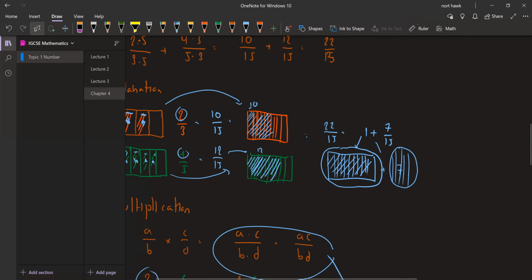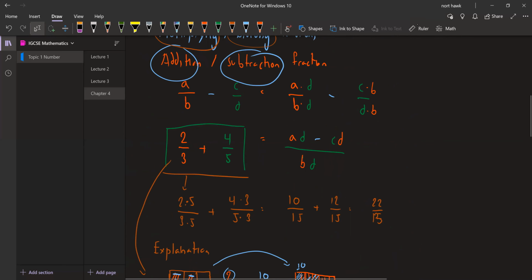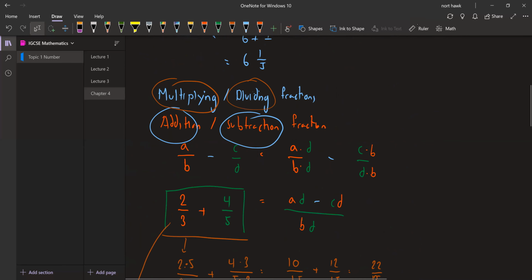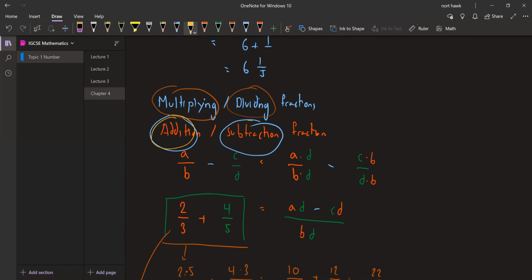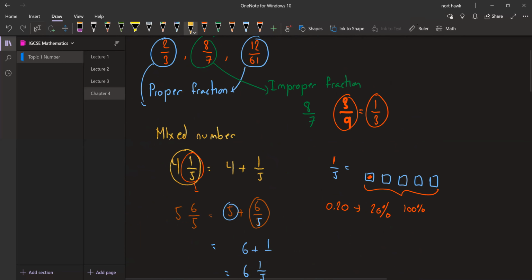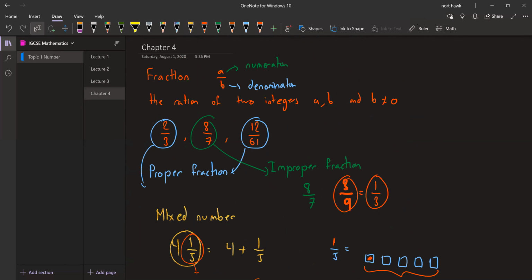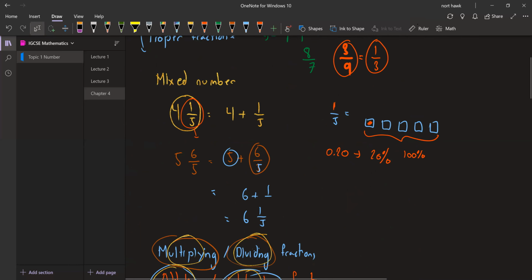Now, since we know how to do addition, subtraction, multiplication, and division of fractions, we'll move on to the next one, which is decimals.